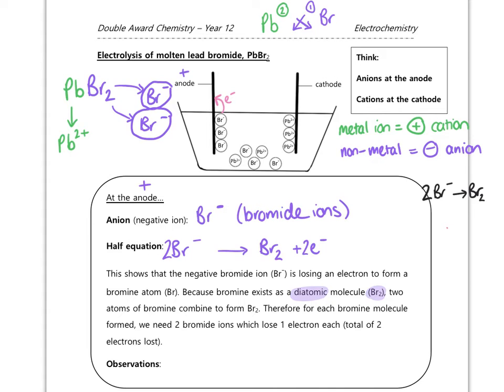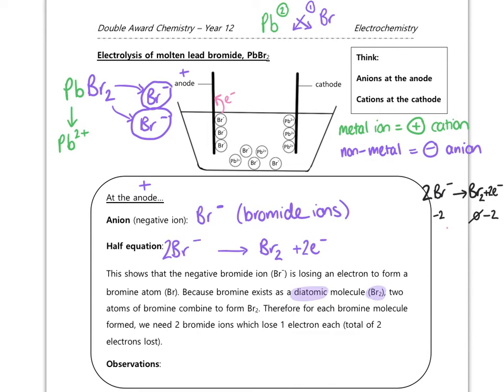Then we add electrons to the side that needs to go down in charge. At the minute the charge on the left hand side is -2, on the right hand side is 0. So I need to add my electrons to the right hand side. But I've only added 1 electron there, so essentially the charge is -1 on the right hand side now. But I need a total of 2 minus, and so I put a 2 in front of my electrons. That brings the charge on my right hand side down to -2.